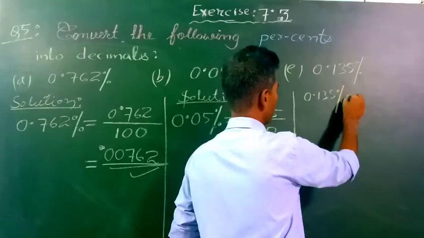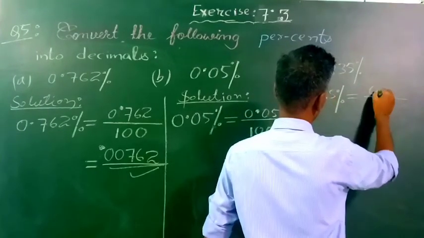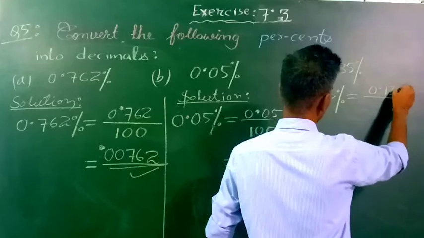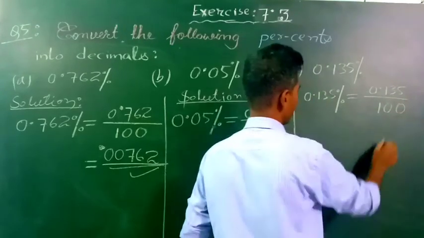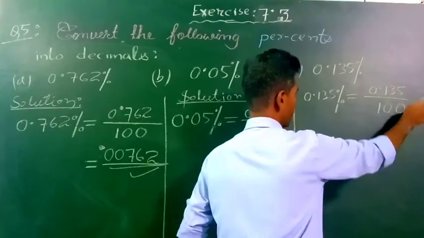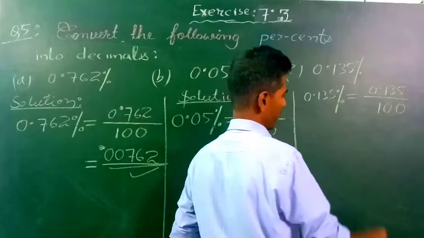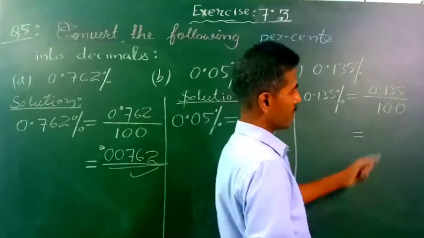See, 0.135% equals 0.135 divided by 100. This 100 from where? Because here percent is there, we are not writing percent, instead of percent we are writing 100. Now see, we are dividing by 100.